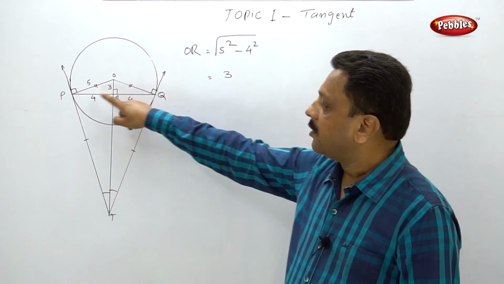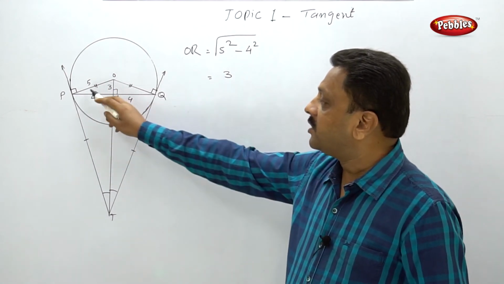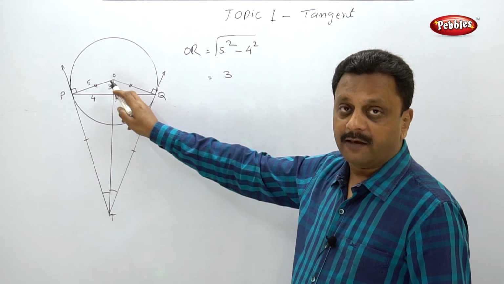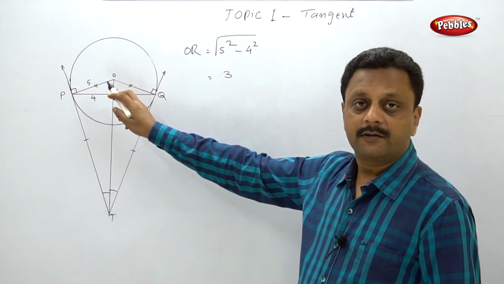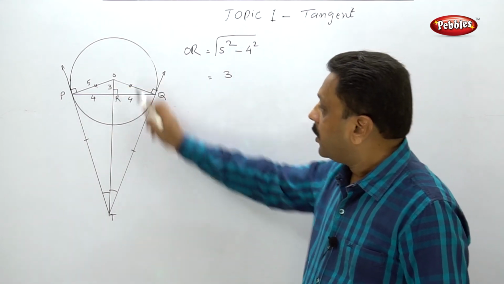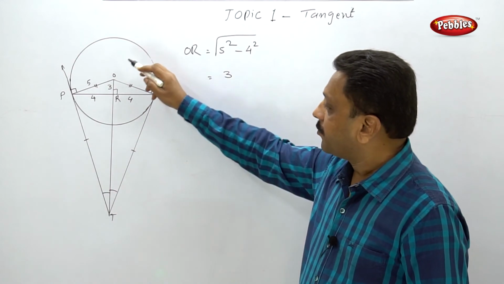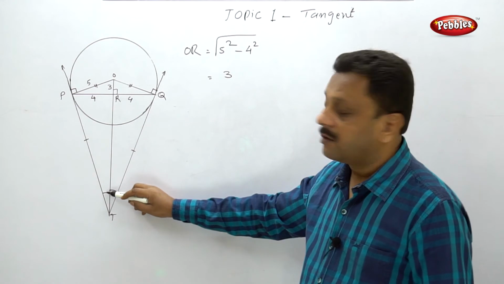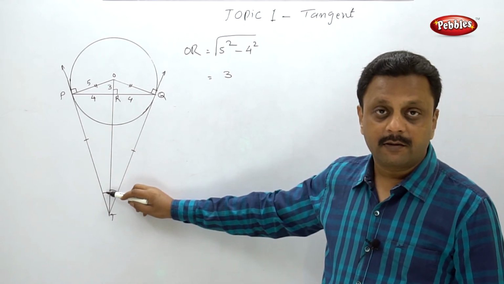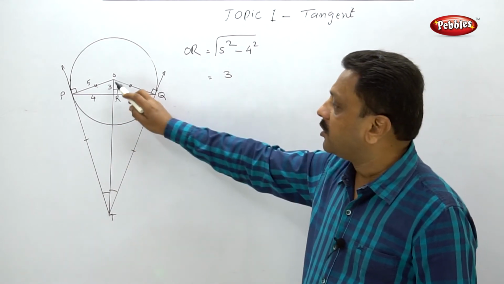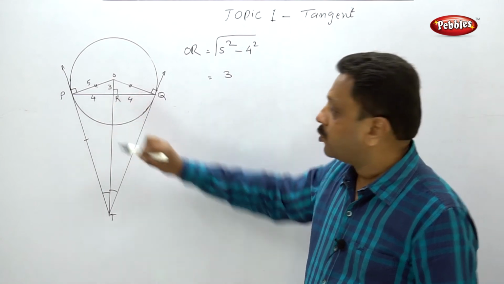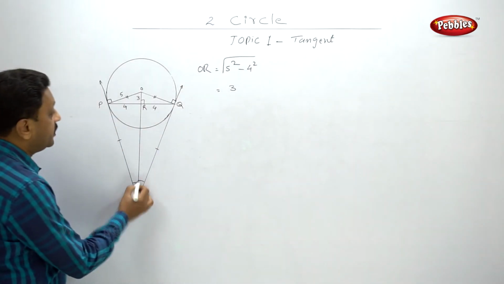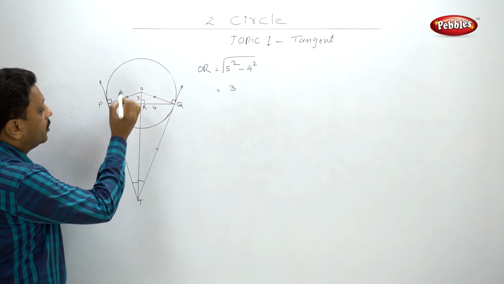This is a right angle, means this angle plus this angle, the two internal angles, is equal to 90 degrees. Now in this bigger triangle, this is 90, so angle O plus angle T is equal to 90 degrees. Correct? But this is common. So this angle T is congruent to this angle.